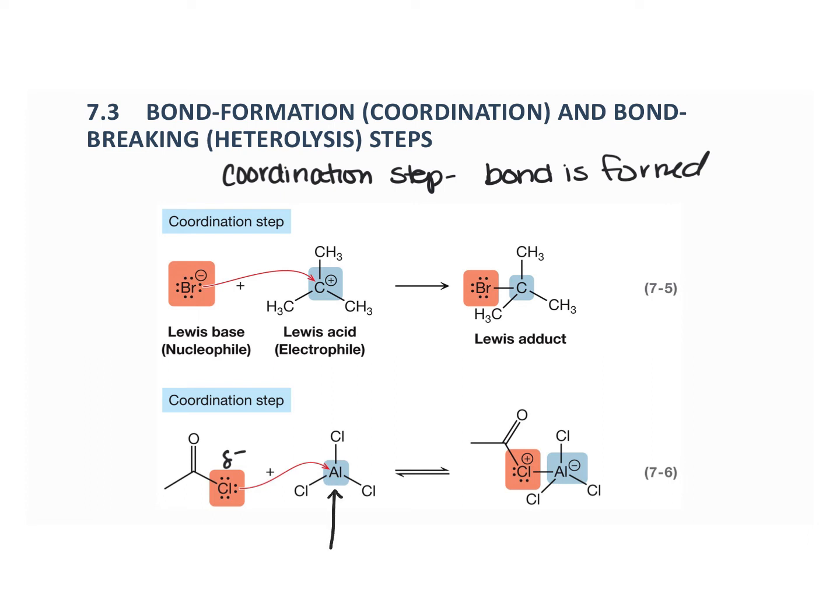So that guy there, the aluminum, lacks an octet and is electron poor, right? The aluminum atom also is made a lot more electron poor because it's attached to 3 chlorine atoms here, and those withdraw electron density. So what happens here is these electrons of the chlorine come over and attack the aluminum.